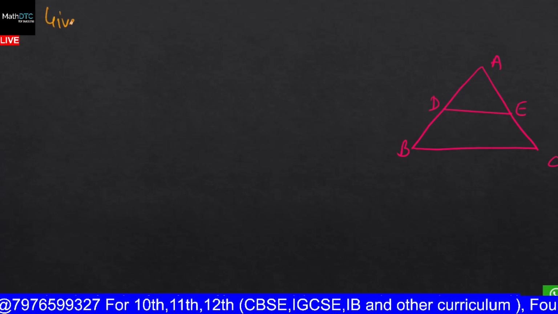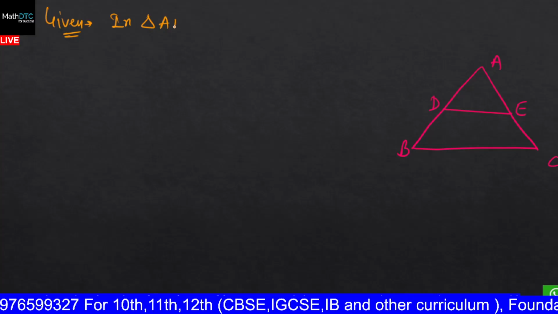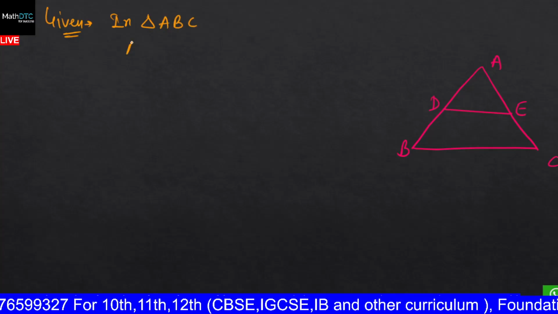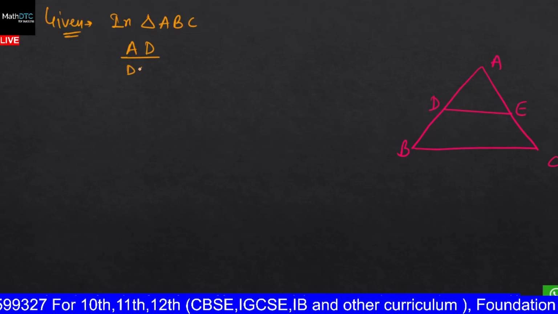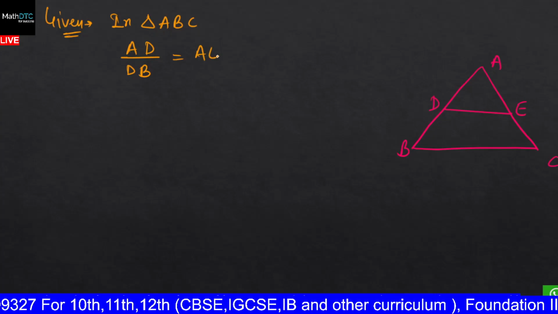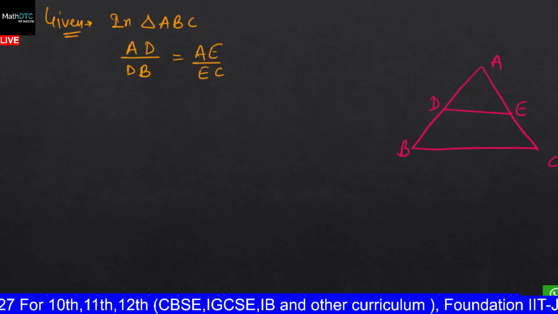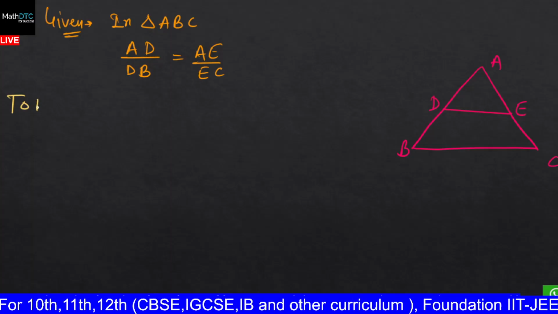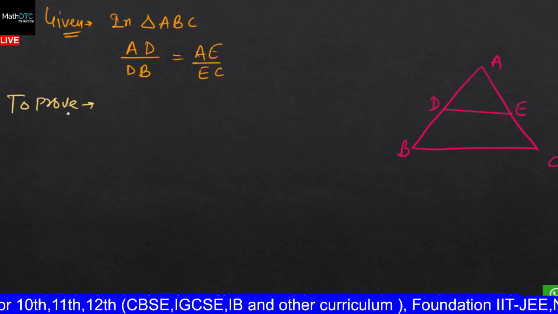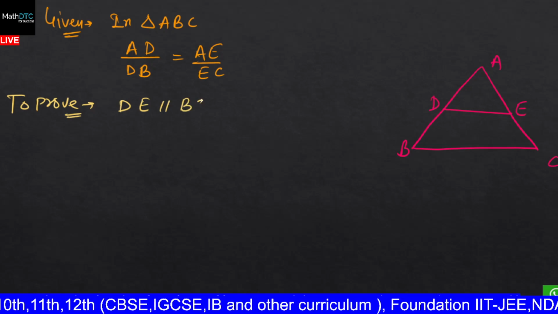Given is, in triangle ABC, the ratio AD upon DB is equal to AE upon EC. And we need to prove that DE is parallel to BC.